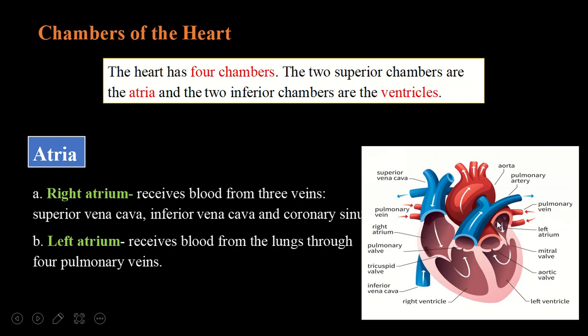So the left atrium receives blood from the lungs through the four pulmonary veins, the left and right pulmonary veins. The difference between the right atrium and the left atrium is that the right atrium receives deoxygenated blood or oxygen poor blood, while the left atrium receives oxygenated blood or oxygen rich blood.